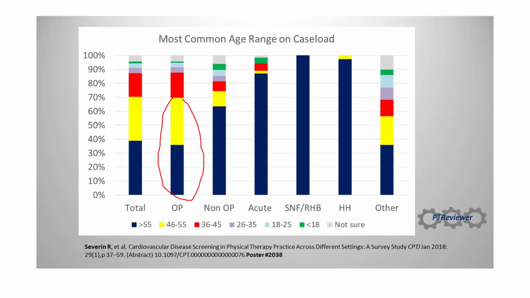This is something we're going to be seeing incredibly often. Look at the populations we're seeing: individuals with disabilities, especially mobility disabilities, individuals who are older. These are patients you're seeing even in outpatient. And obviously this rate increases with age in SNFs and acute care, which see a much older population generally. In home health and SNFs, close to 100% of your patients are over 55. So if you're in those settings, you absolutely need to screen, but you need to screen in outpatient too.